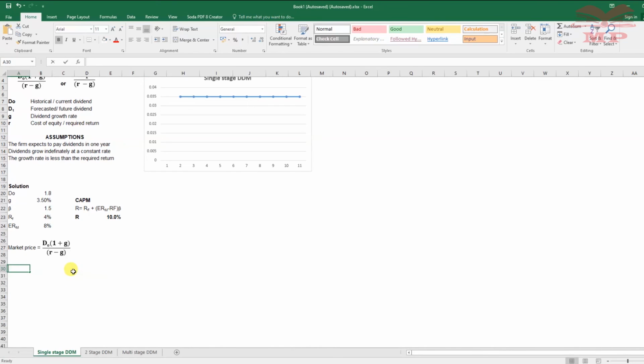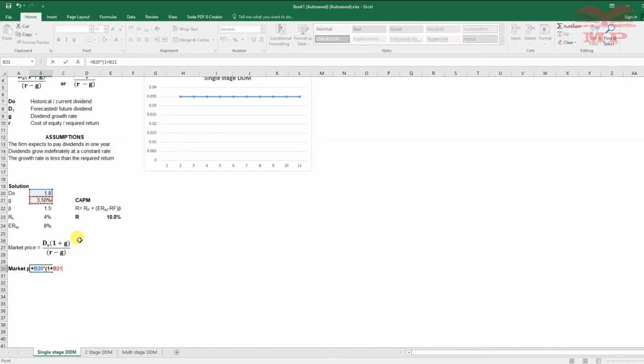So market price, using the single stage model, is given as, is equals to, plus the D naught, so we go up, times, we're just following this formula, 1 plus G, open the brackets, 1 plus, what is our growth rate here?